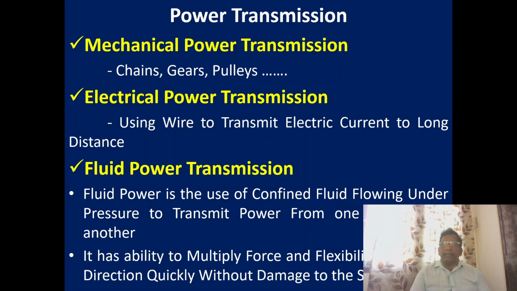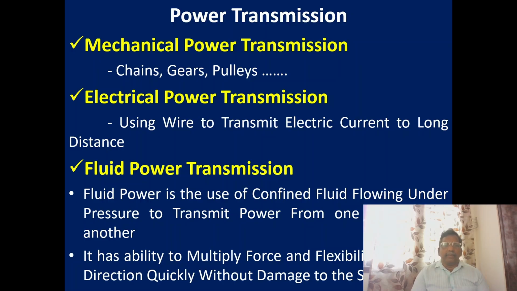The third one is fluid power transmission. We know mechanical transmission is an old, long-life technology we have used for a long time. Electrical transmission is also widely used in industries. Another term is fluid power transmission.